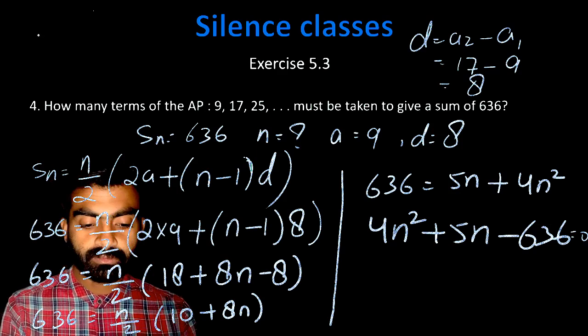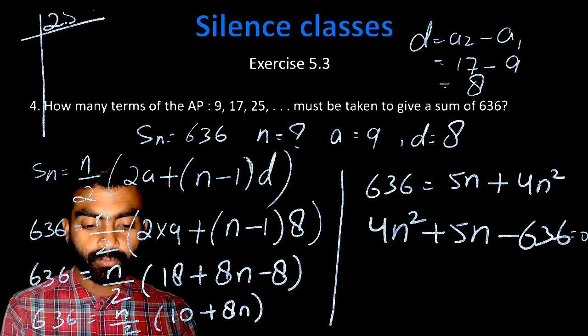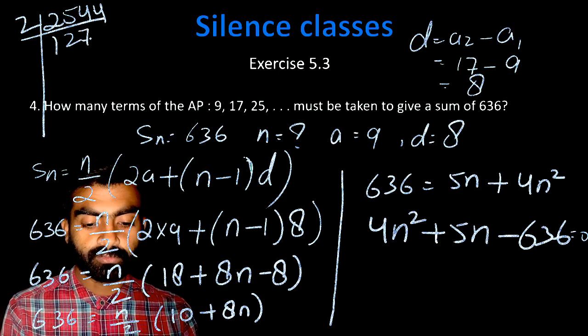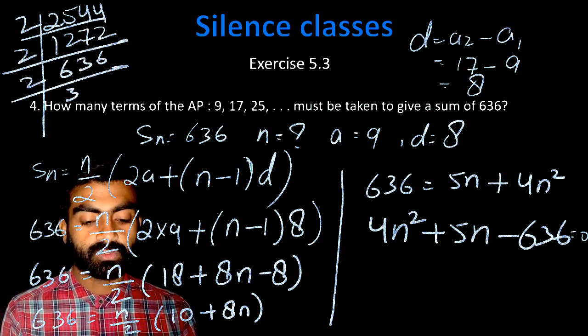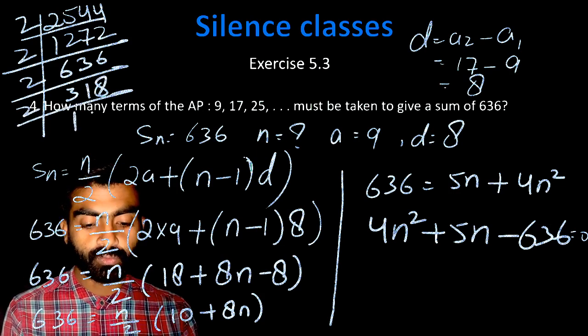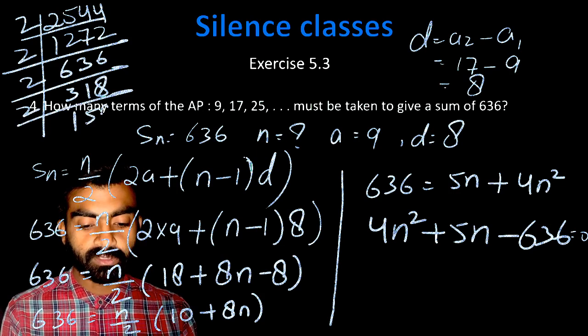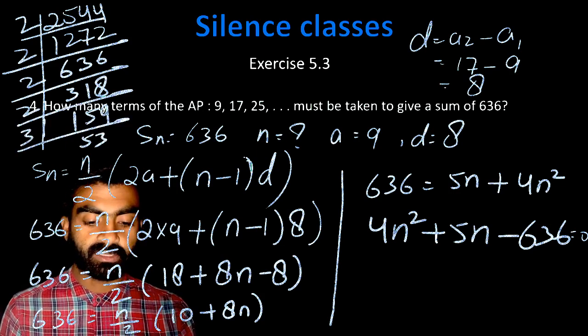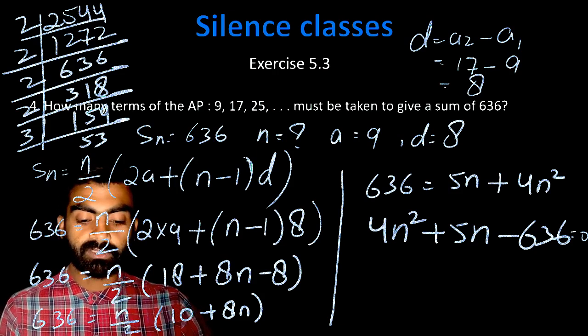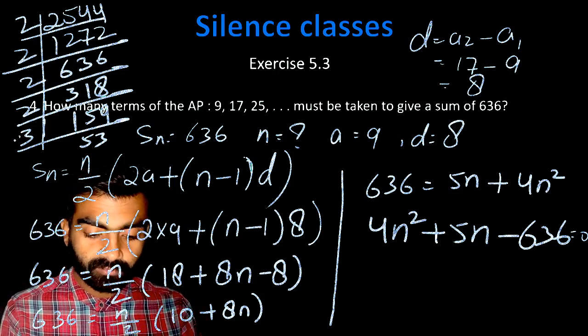Now we will take the LCM of 2544. So 2 1s are 2, 2 2s are 4, 2 7s are 14, 2 2s are 4, 2 6s are 12, 2 3s are 6, 2 1s are 2, 2 8s are 16, 2 5s are 10, 2 9s are 18. By 3, 3 5s are 15, 3 3s are 9. 53 is divisible by itself, so we get 3.